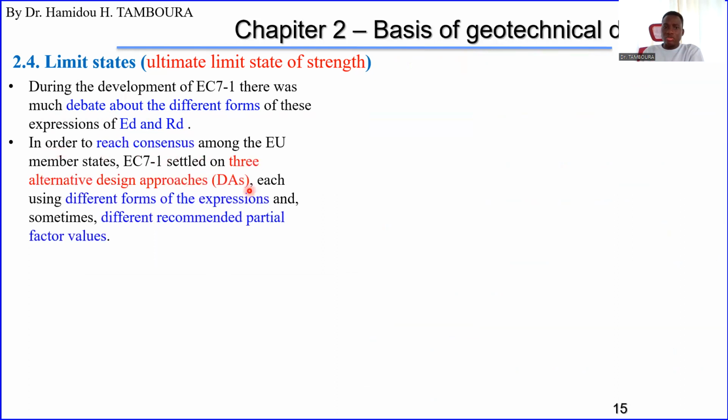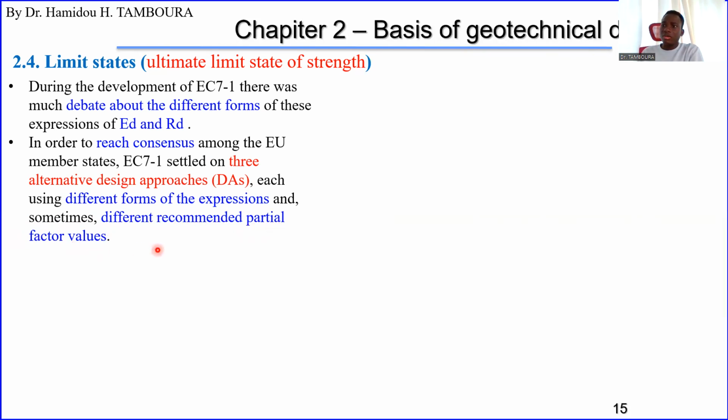So in order to harmonize this, Eurocode is proposing 3 alternative design approaches, each using different forms of the expression and sometimes different recommended partial factor values.